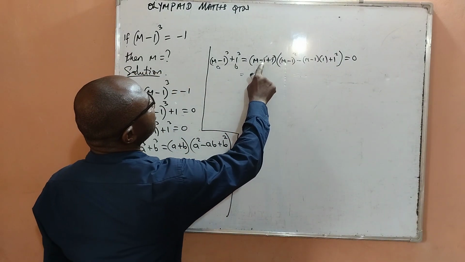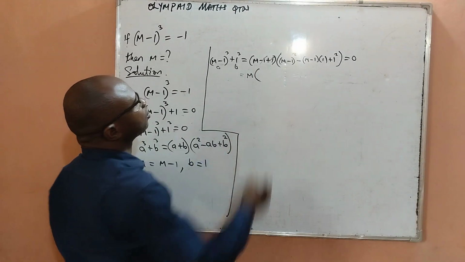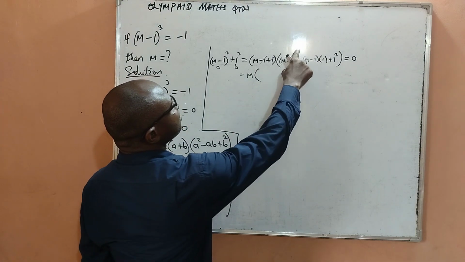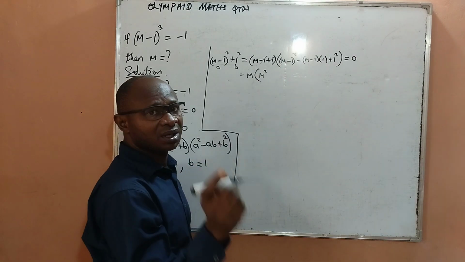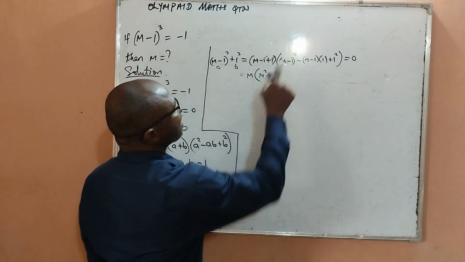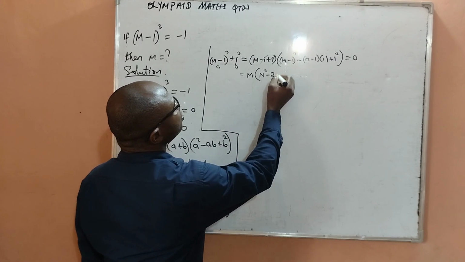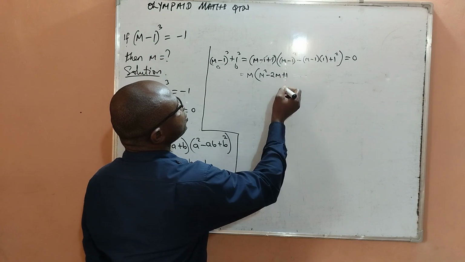Now, minus 1 cancels with 1, leaving me with n into the bracket. I'll open n minus 1 squared. If I open it, I'll get n squared, then n multiplied by minus 1 is minus n, then multiplied by 2 will give me minus 2n. Also, minus 1 squared will give me plus 1.